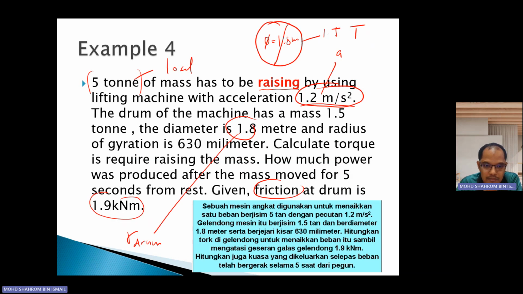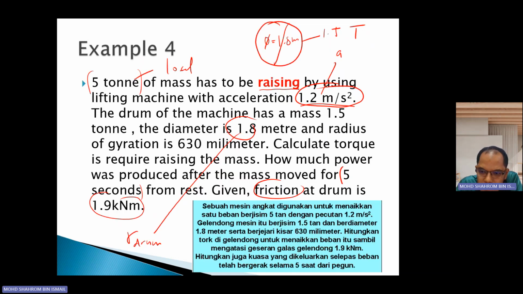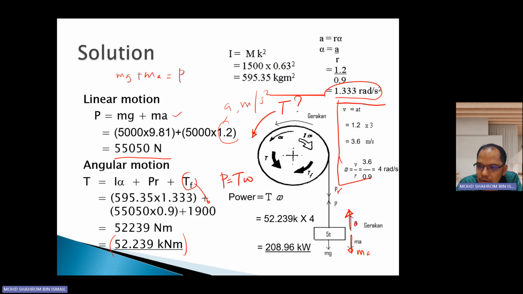Here, does it give you some time? Here: how much power was produced after the mass moved for 5 seconds? The mass was moved for 5 seconds, so they already give 5 seconds, right? I don't know why they put 3. Supposedly this is supposed to be 5.